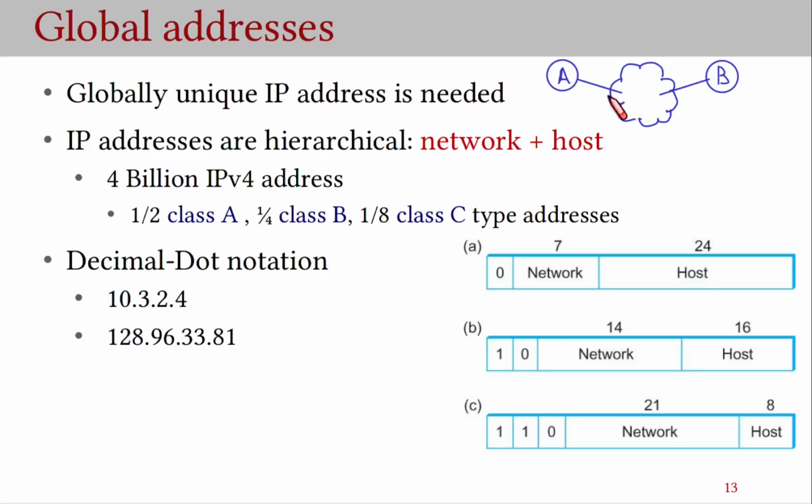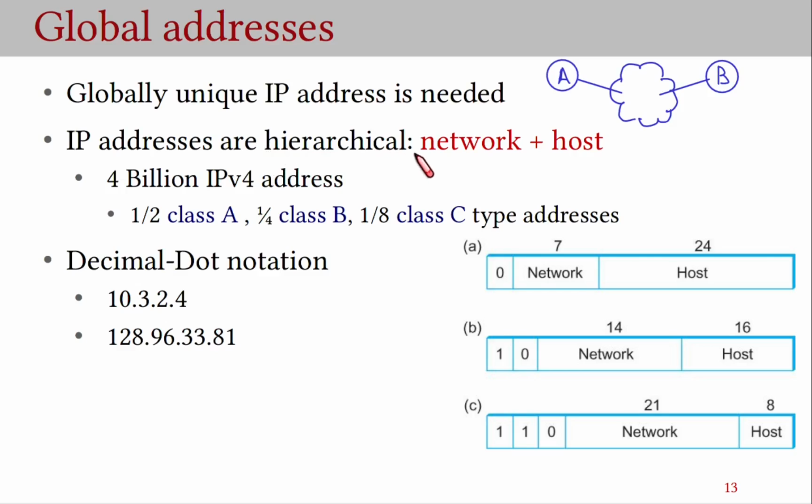Suppose host A wants to send some data to host B, and they are connected over the internet. In order for A to send data to B and not to some other host, it should be clear to you that the IP addresses assigned to hosts must be unique. IP addresses are structured, actually hierarchical.